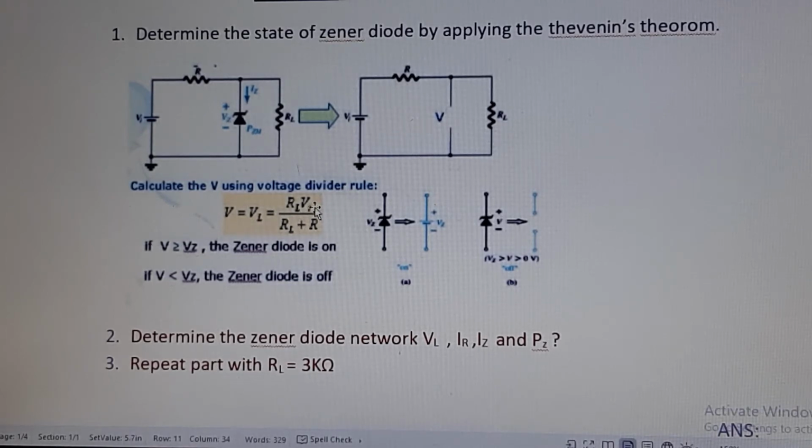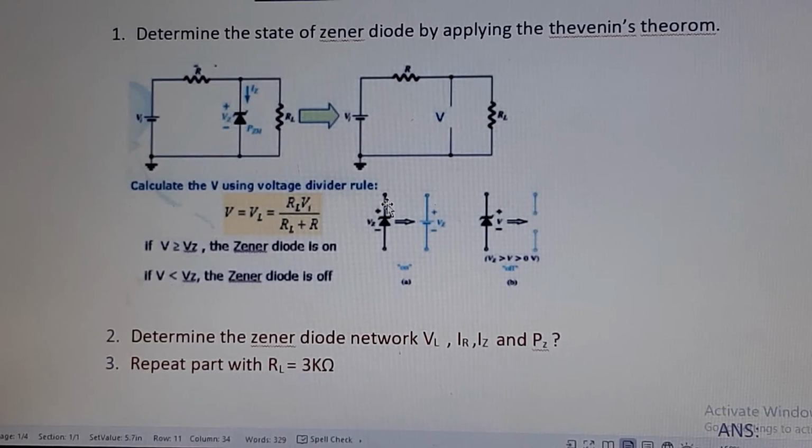Then the load voltage V equal to VL will be RL into Vi, that is the input voltage, divided by RL, the load resistance, plus R. If V is greater than Vz, that is the voltage is greater than the Zener voltage, then the Zener diode will be on. But if V is less than Vz, the Zener diode will be off. We can easily understand it if we solve the following math problems.